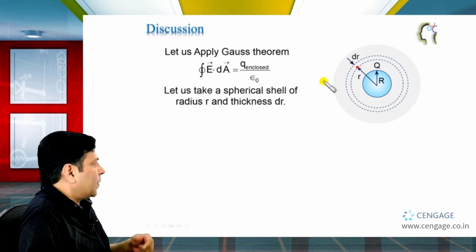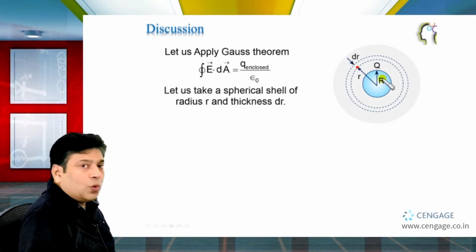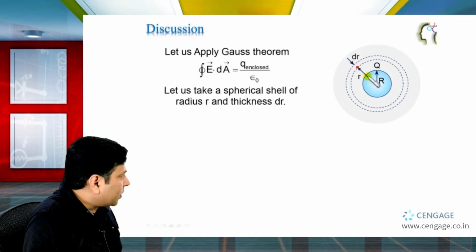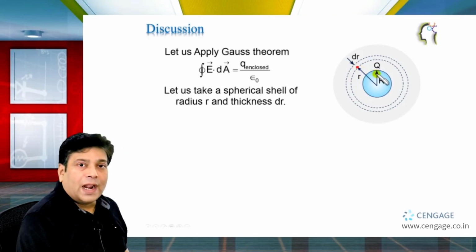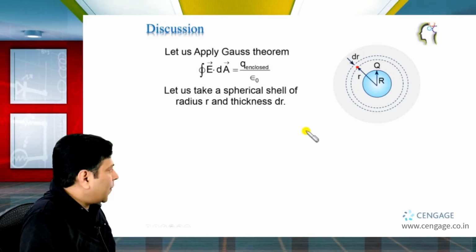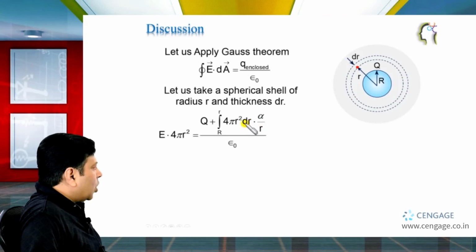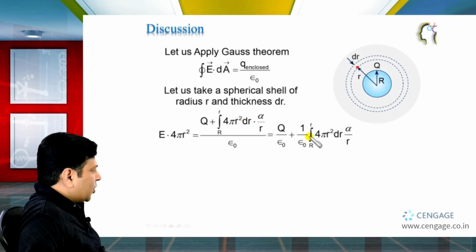So the charge enclosed can be written as capital Q plus the integral from capital R to small r of 4 pi r square dr multiplied by alpha divided by r, like this. You can observe here this small r and this small r will get cancelled. So we can write the expression like this.